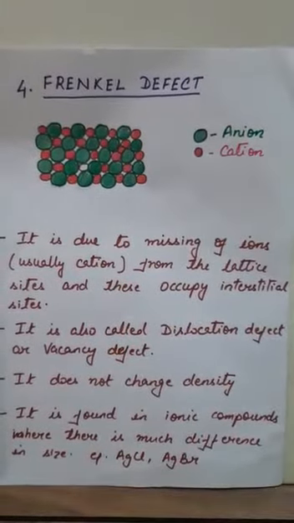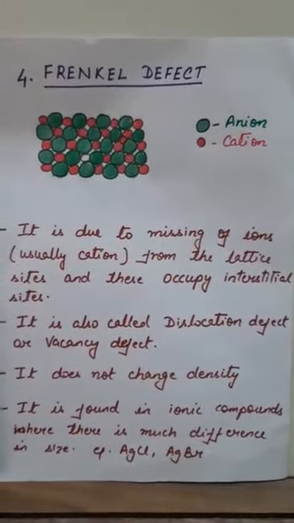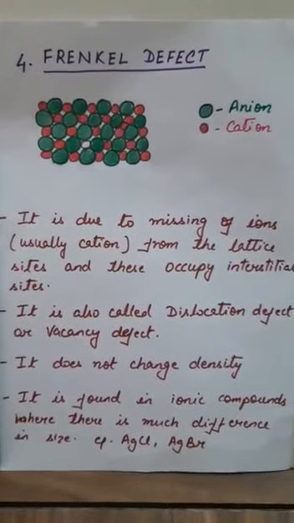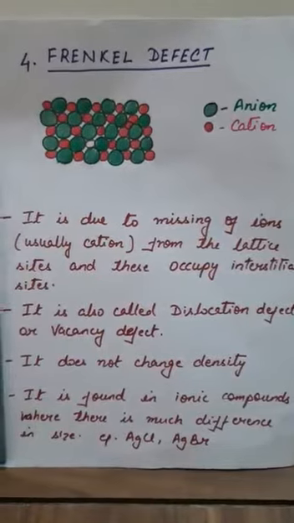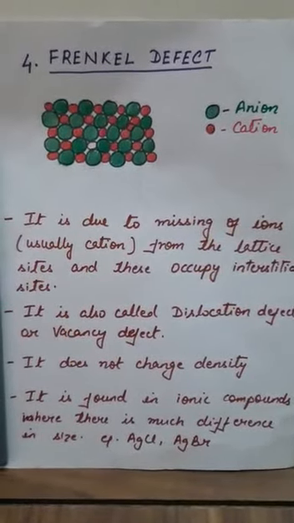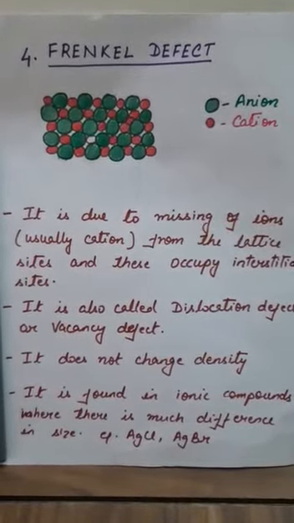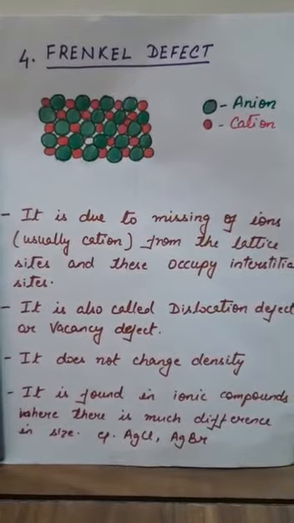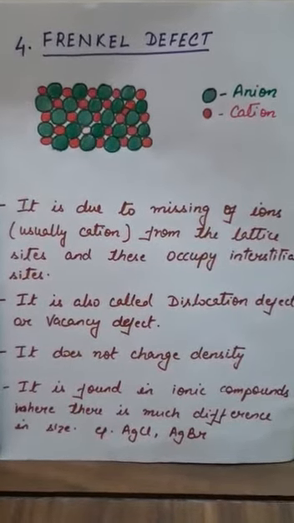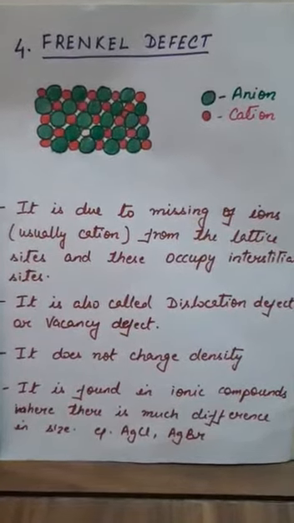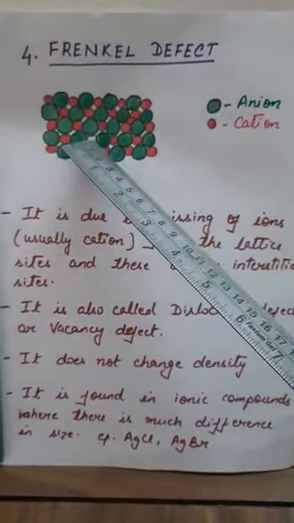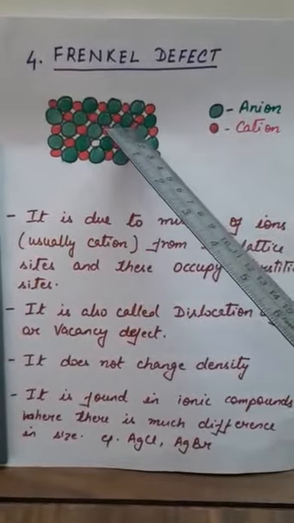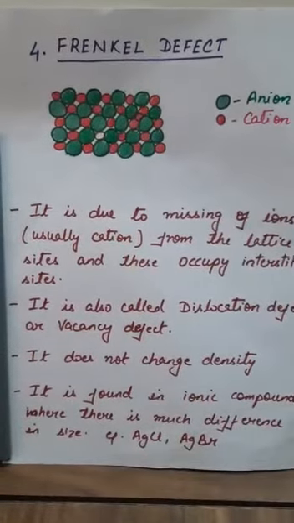Now, next type of stoichiometric defect is Frankel defect. Frankel defect is also known as dislocation defect or vacancy defect. It is actually present in those ionic compounds where there is a large difference in size of cation and anion. So now you can see a cation which is usually smaller, it leaves its space and moves to another interstitial site.